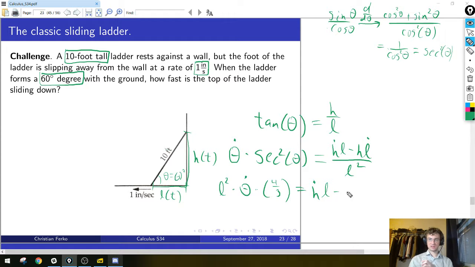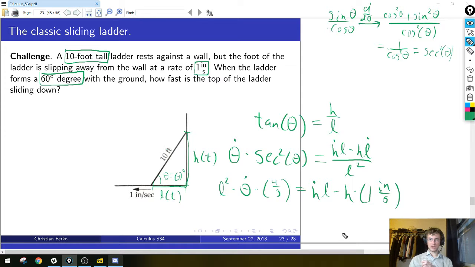Minus H L dot. What's L dot? L dot is the change in the x, the horizontal, which we know is 1 inch per second. I'll put in units for now and then probably suppress them later. So L dot is 1 inch per second. That looks good so far.